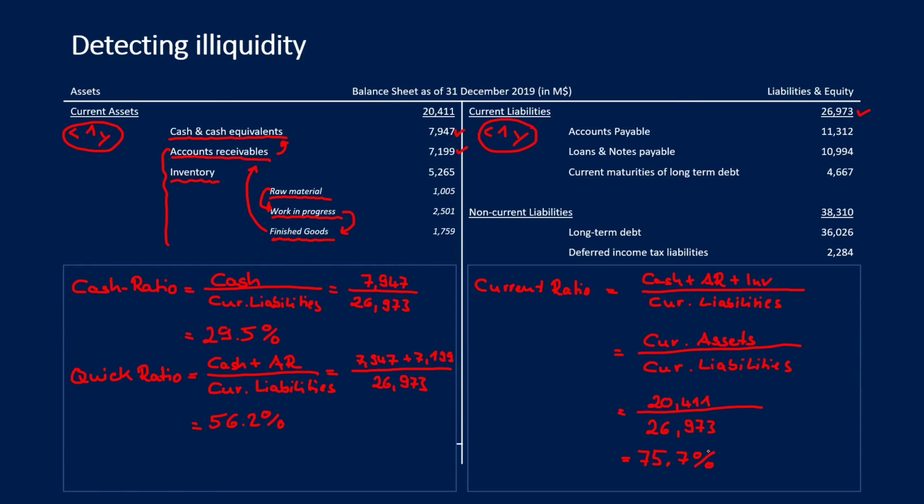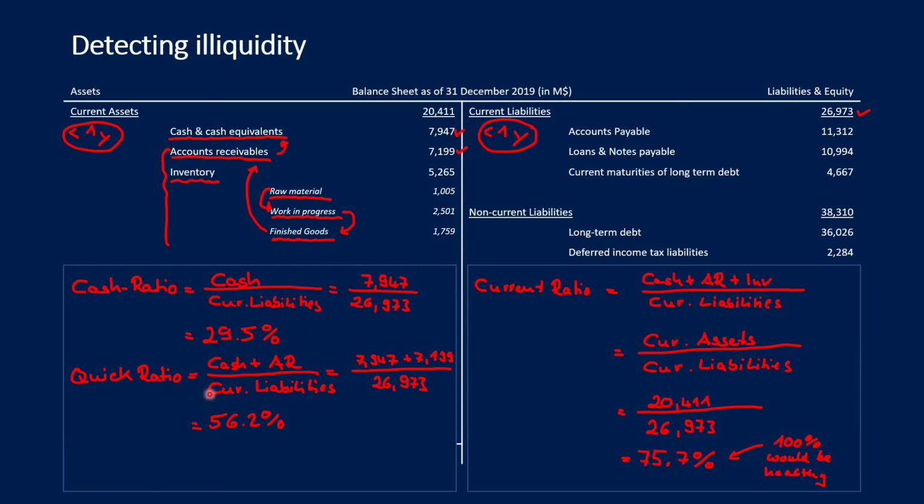What is healthy here? Healthy here would be a current ratio of 1 or 100%. Why that?